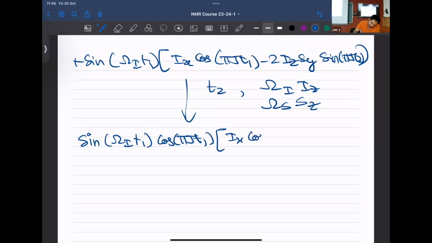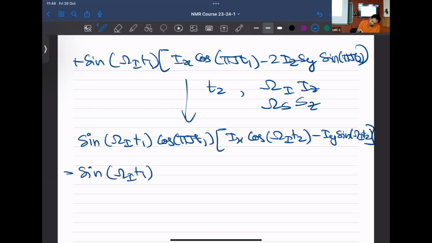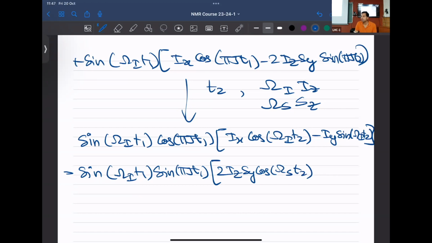Ix cos omega I T2 minus Iy sin omega I T2. And then minus sin omega I T1 sin pi J T1 2 Iz Sy cos omega S T2, right?